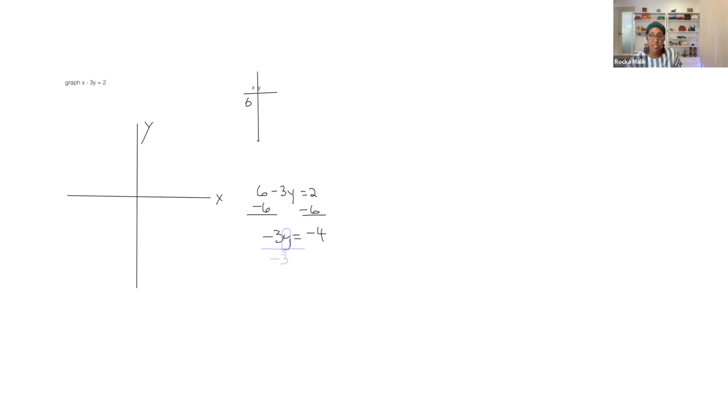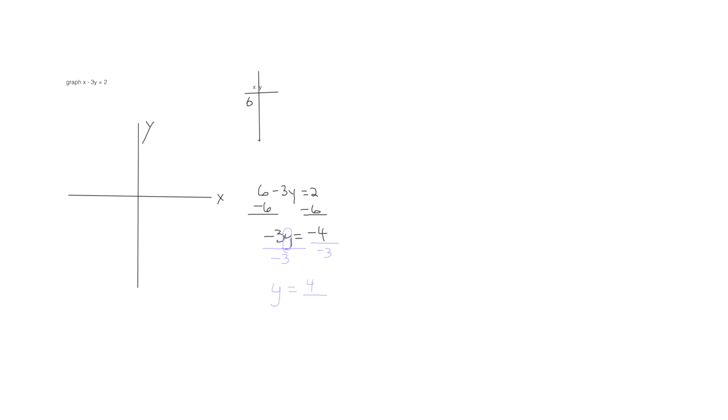And whatever I do to one side, I'm gonna do to the other side. So now I just have y on this side. And on the other side, I have 1.3, but we don't want to be decimal, so we'll do 4/3. And yes, 1 1/3.